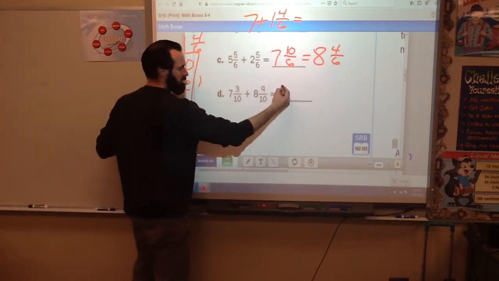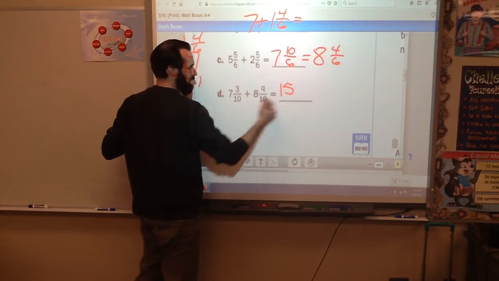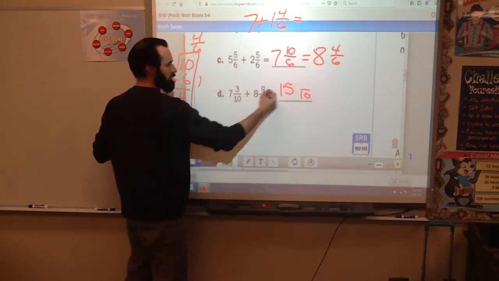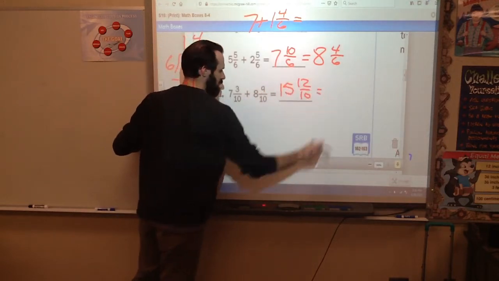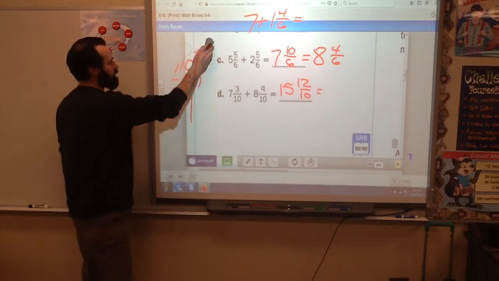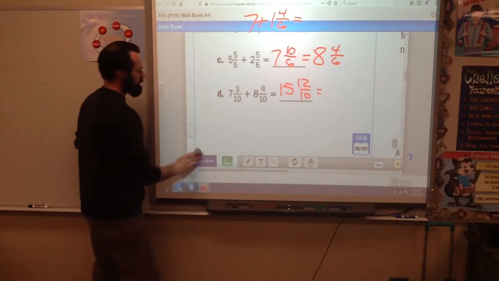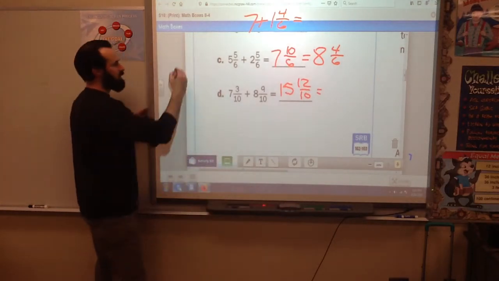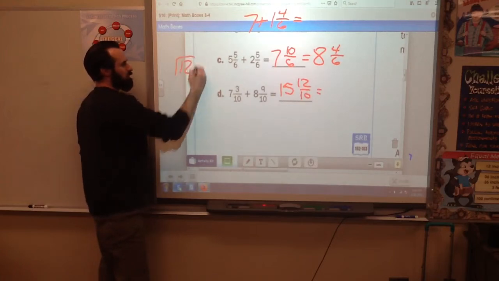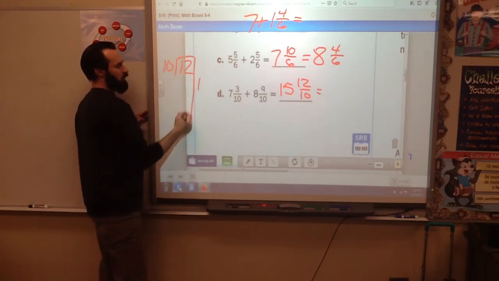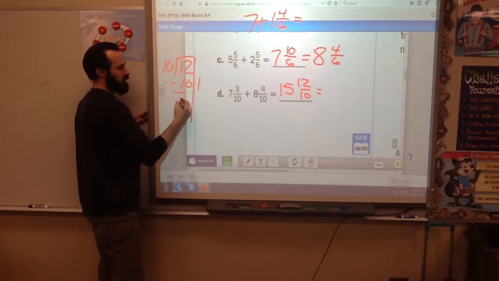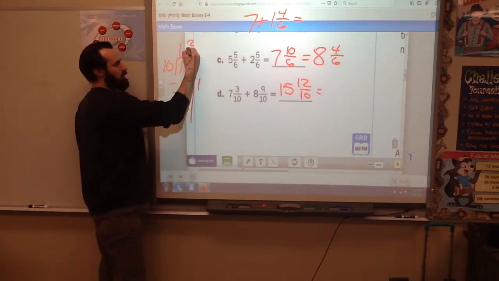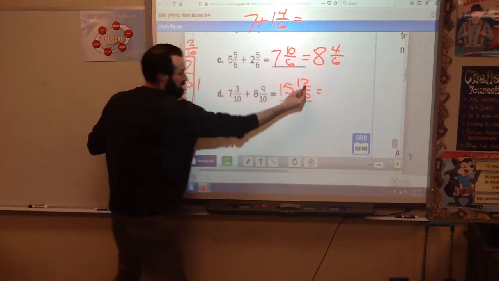Same thing here. 7 plus 8 is 15. We're going to have tenths. And 3 plus 9 is 12. Now again, if you wanted to simplify that and make it a mixed number, we would go 12 divided by 10, it goes in there 1 time, 1 and 2 tenths, which is what this 12 tenths is.